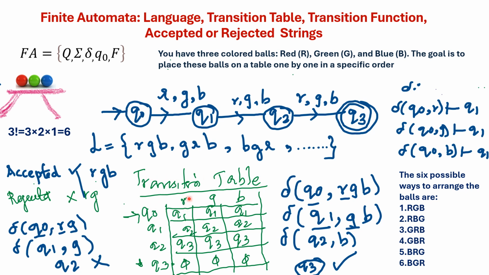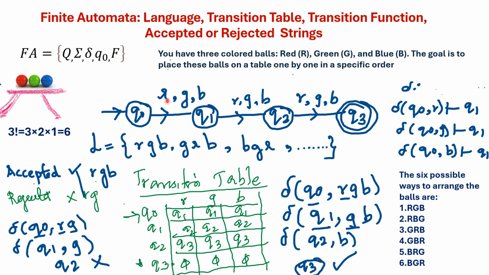In the transition table, this is called the input, and this column we can represent as the number of states. Here the arrow mark represents the initial state and the star represents the final state. Here you see the same transition functions, again represented through the transition table.